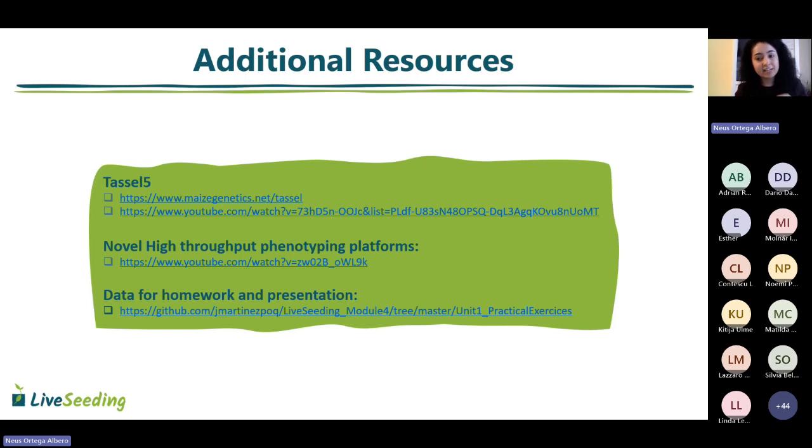My idea is not for you to learn how to use Tassel, because there are a lot of software and tools you can use to perform a GWAS. My idea is that you understand what the steps are that we need to do to perform a GWAS analysis properly, and what the importance of this tool actually is.